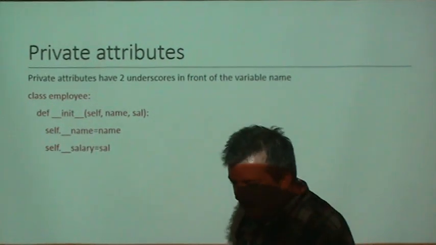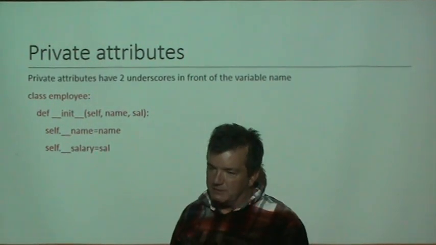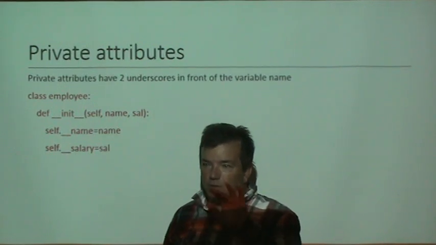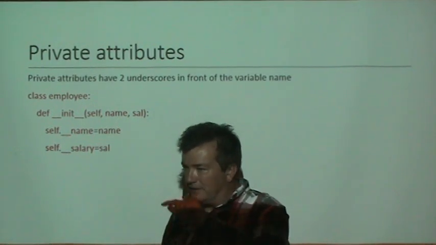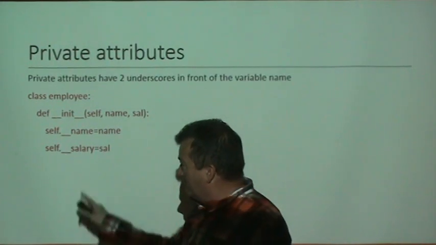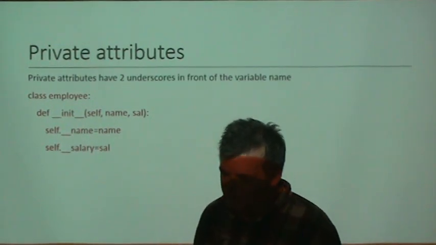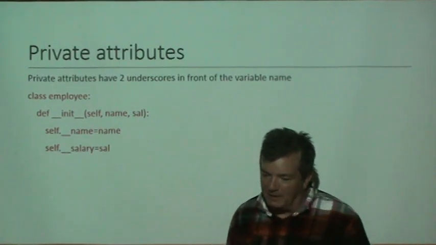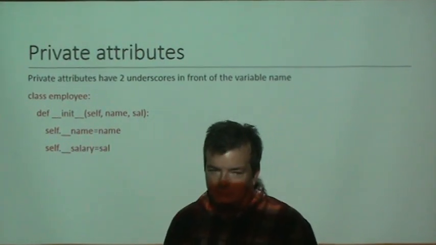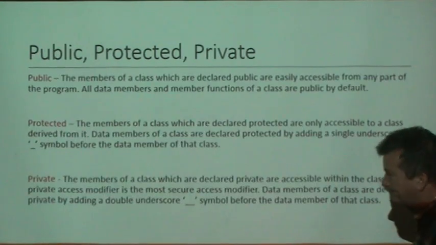Now just a little bit of history: in C++ and Java, you'd have to type out the word public, P-U-B-L-I-C, in front of the variable name, or protected in front of the variable name, or private in front of the variable name. And Python came along and said, why don't we put 1 underscore means protected, 2 underscores mean private.